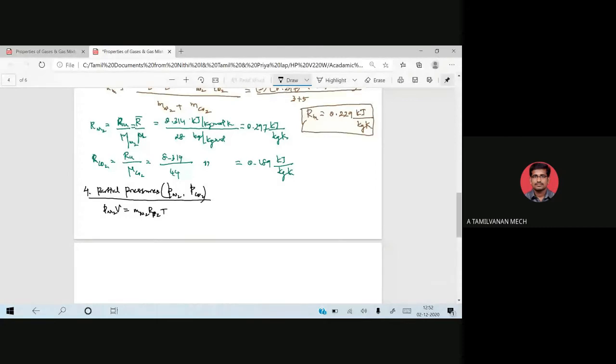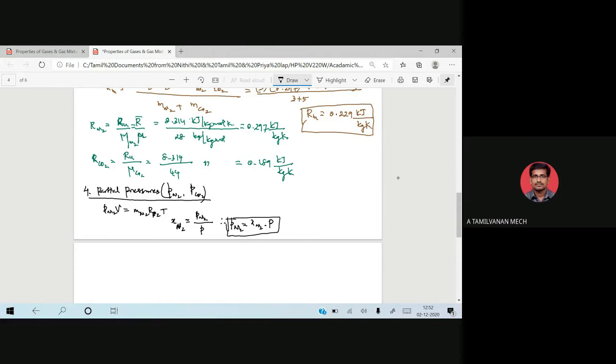The mole fraction X of N2 is equal to the partial pressure of N2 divided by the total pressure. So P of N2 is equal to X of N2 times the total pressure. This is the formula to find the partial pressure of N2.